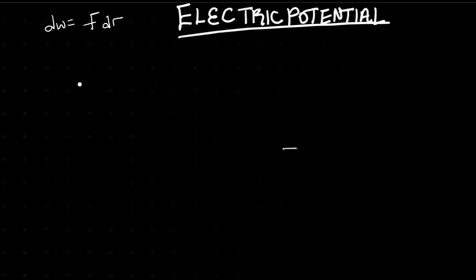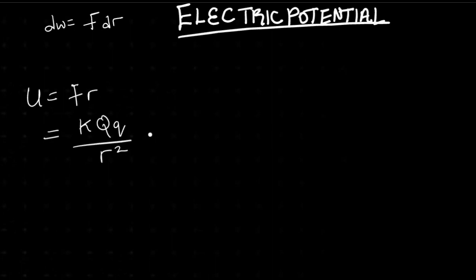Remember, we say that U is equal to F times r. We also know that F is equal to what? KQ over r squared, is it not? Now, times this r, it will now be r, is it not? So when they cancel out, you have KQ over r.